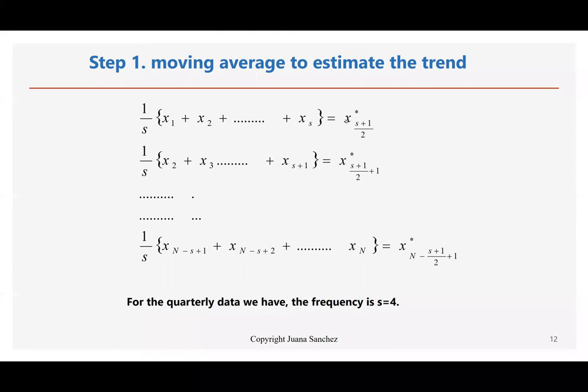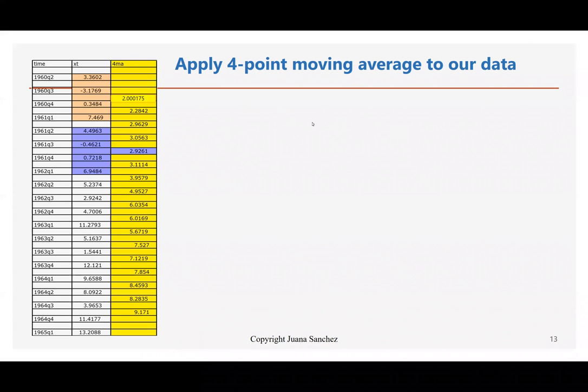Remember that with the temperature, we did not start the trend at observation 1, but the trend estimate started in July. Well, here, if we have 4, the estimate is going to end up at observation 2.5, which is no observation because we don't have observations at 2.5, right?